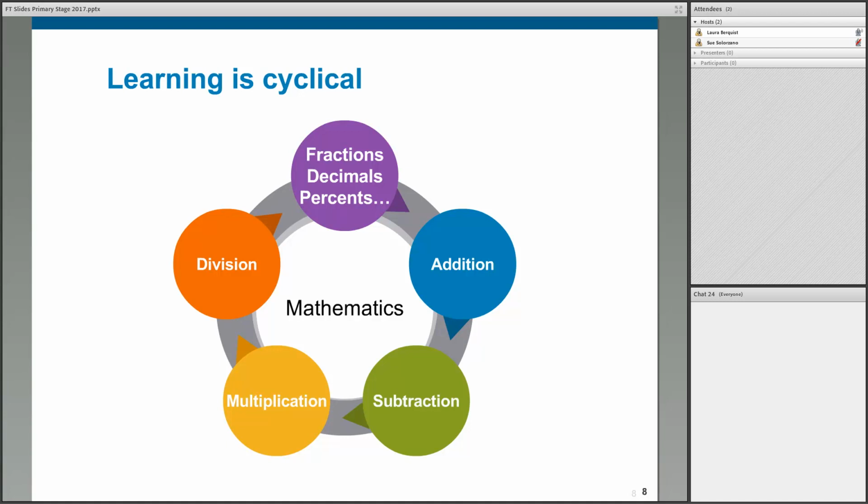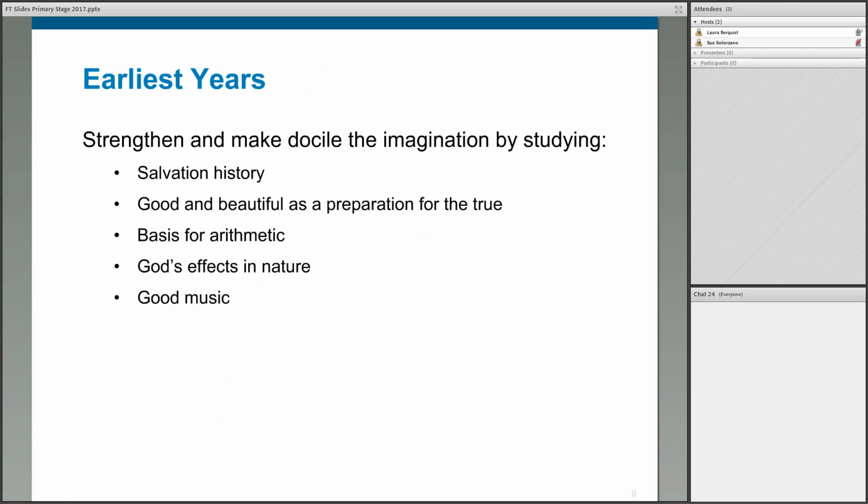Now, this happens in every field, including the liberal arts and the sciences and natural theology and sacred theology. What young children do, if those of us who are directing them are knowledgeable about the ends of education, are exercises that prepare their hearts and minds for the deepest level of natural and finally supernatural knowledge. In the earliest years, one is helping the student strengthen and make docile his imagination by exercises in observation, memorization, and sequential ordering.